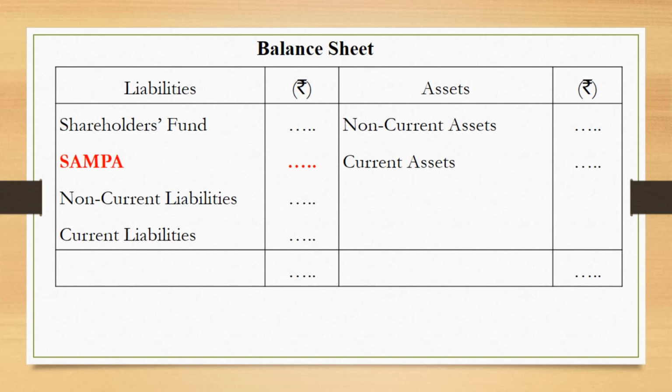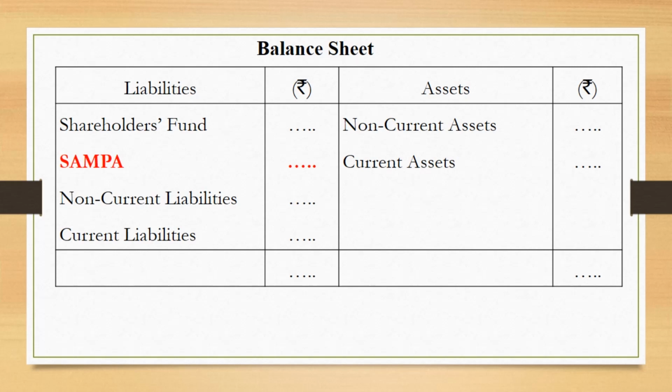The reason behind representing this T-shaped balance sheet is just to make you understand that it will be very easy for us to remember the formulas. SAMPA has been marked with red over here. This indicates that SAMPA is not a part of the syllabus for class 12 right now. That's why it has been marked with red over here.